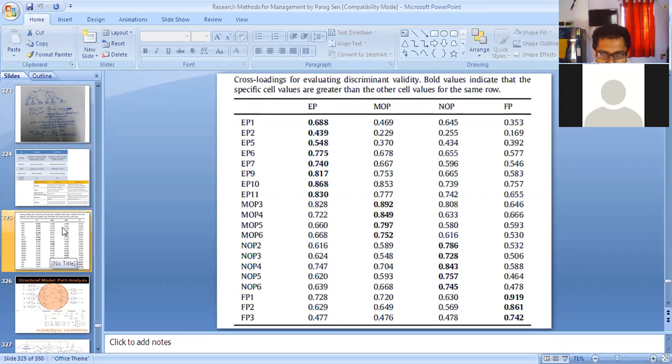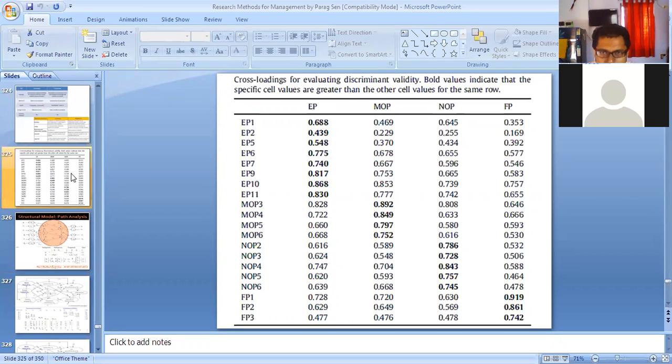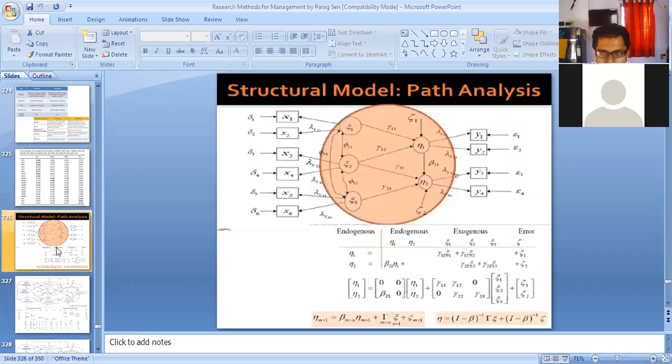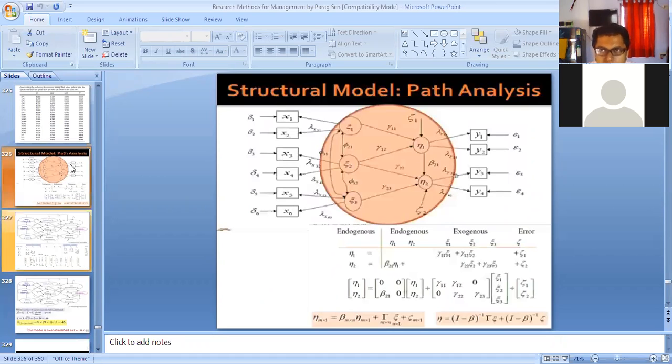Here is the end of the measurement model, or the confirmatory factor analysis model. After this we will start the path model, or the structural model.